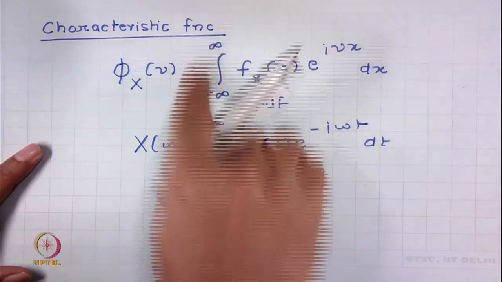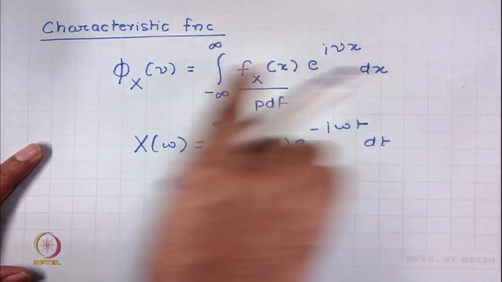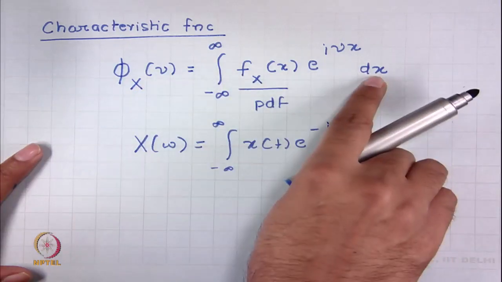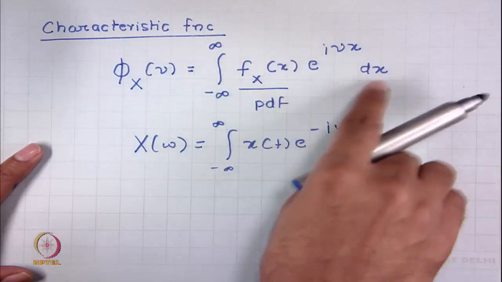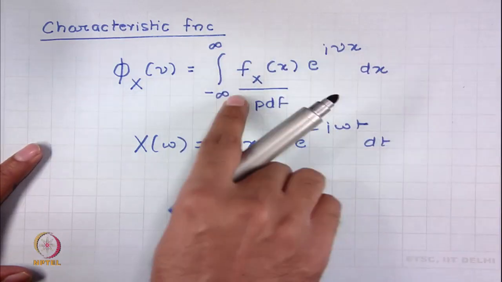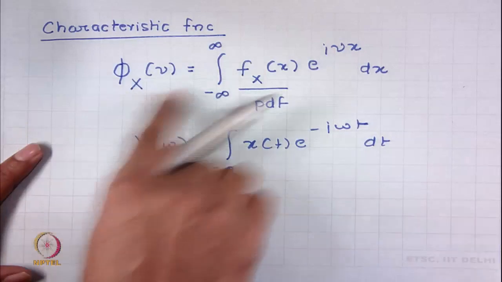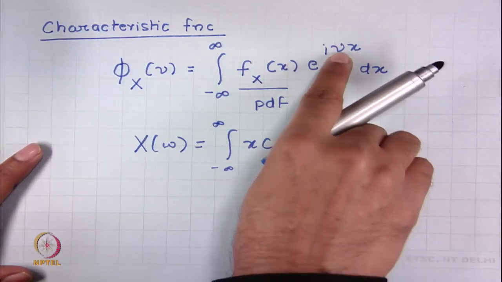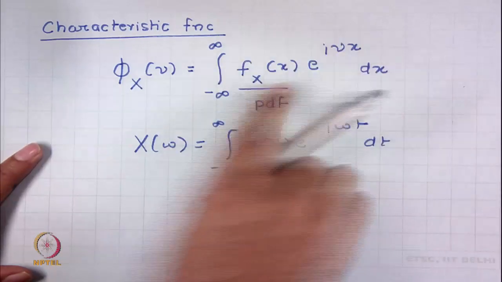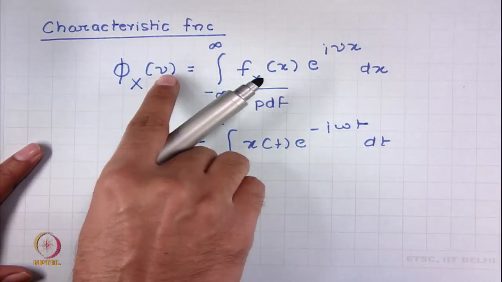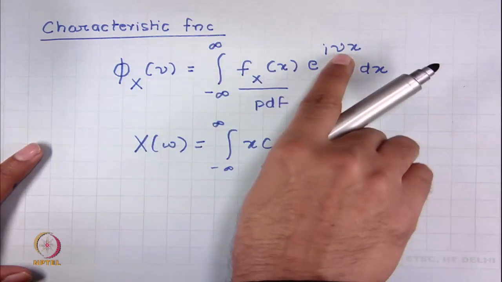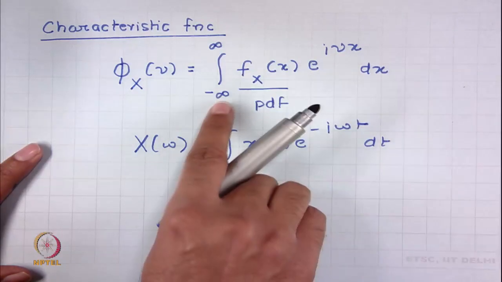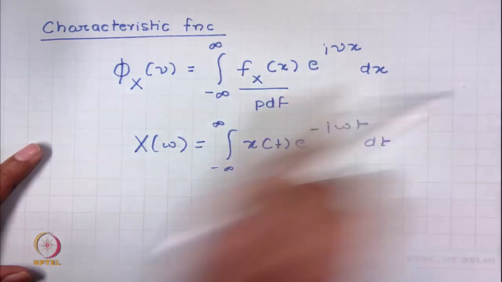So when you do this integration, the resultant function will not be a function of x, because the running variable is x. The output would be a function of nu. So just appreciate that this characteristic function is a function of nu, where nu is this variable. It will not be a function of x, because the integration has been done with respect to x.